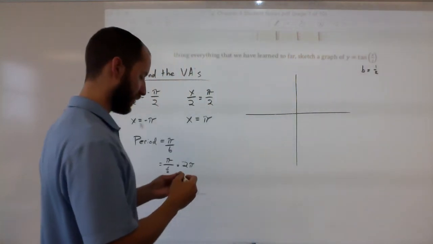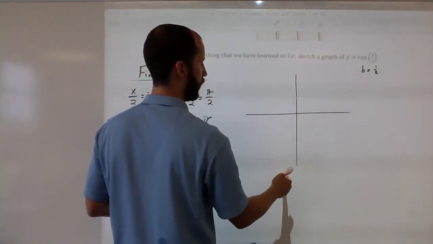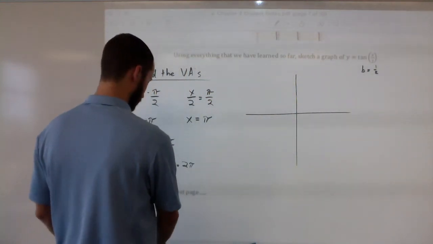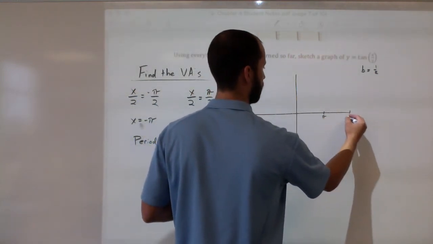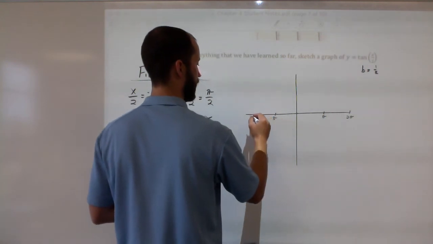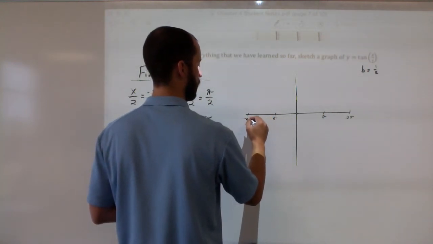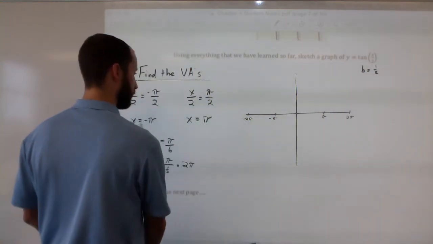So when we go to graph this, tangent goes through the origin. So let's look at pi, 2 pi, sorry, it should be negative pi, negative 2 pi.